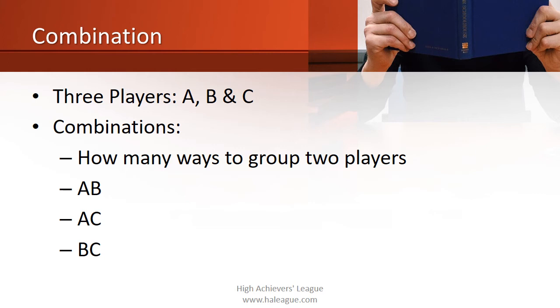Then when we combine AC, we can have AC or CA, so we just write AC as the other option. And for B and C, we can have BC. It doesn't matter whether B comes first or whether C comes first. So let's take it as one option. So in this example, the answer is 3. We can have three combinations when we select two players out of the given three players.